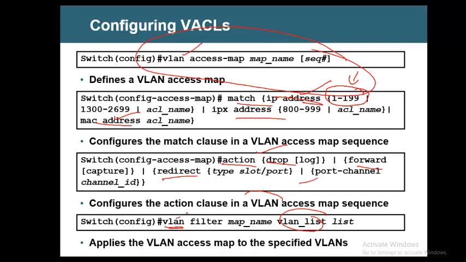This is how we applied VLAN filter. And the name, let's say you have given a name as drop or something, call the drop here, and then you can say this is for VLAN 10 or VLAN 100. So this is how we can do layer 2 access list, VLAN access list. This I don't see many using it, but this is also one of the access lists that we got.